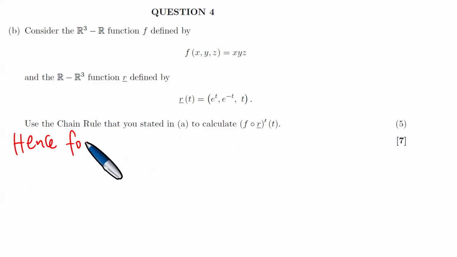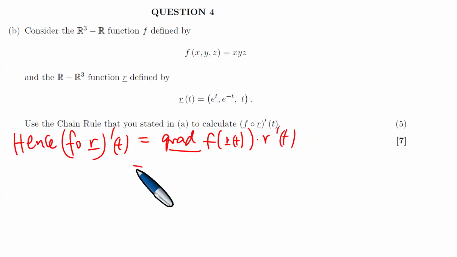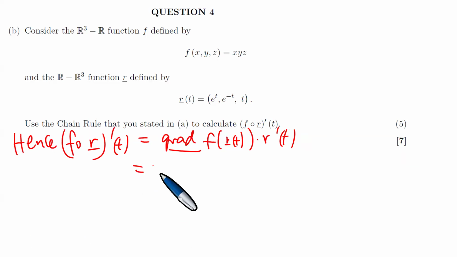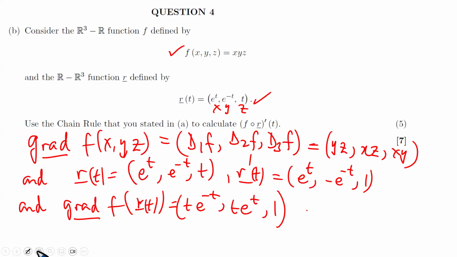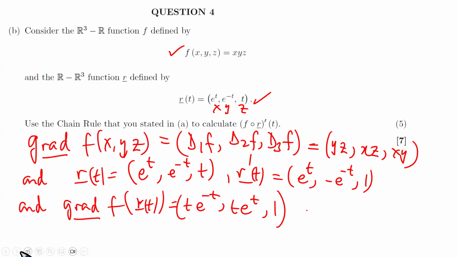Hence, by the chain rule, we find the derivative of the composition of the two functions, which is the gradient of f of r of t, times r primed of t. We've already found the gradient of f of r of t: t e to the minus t, t e to the t, 1.